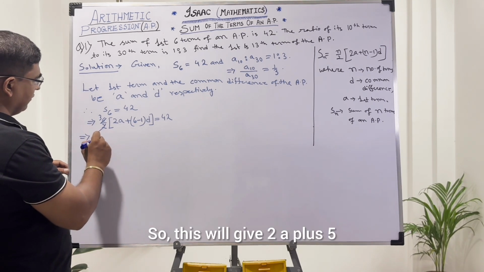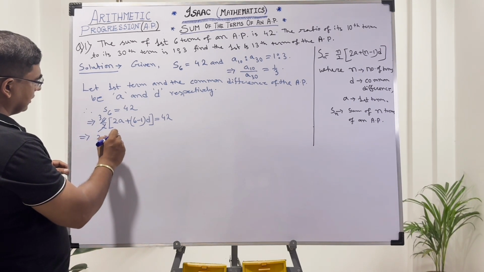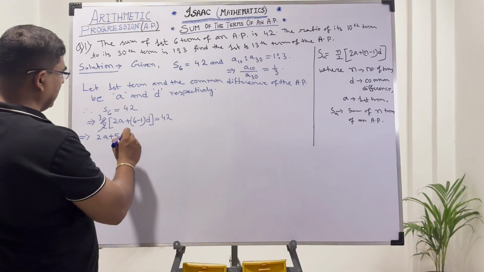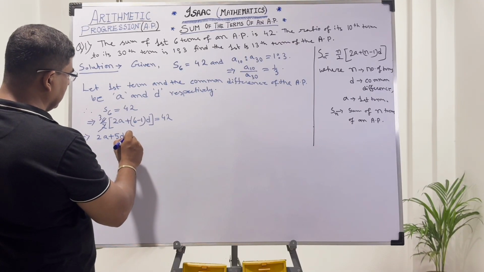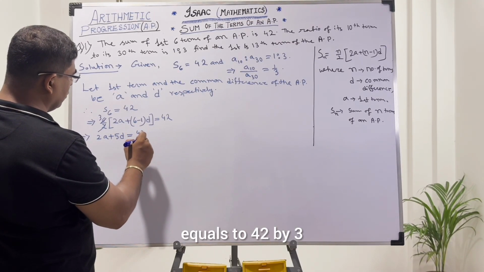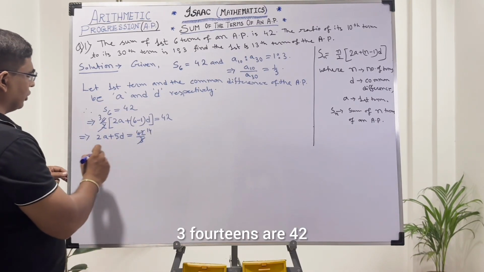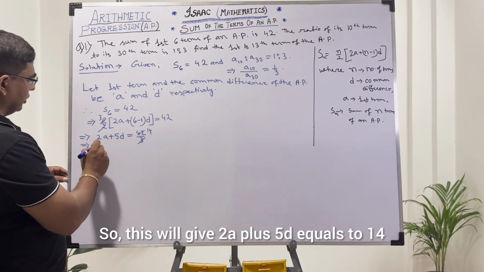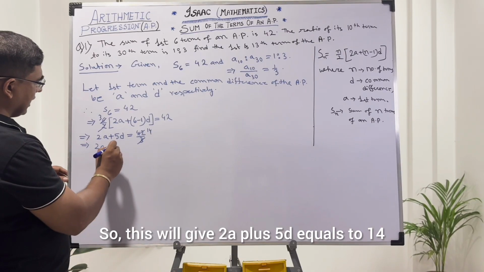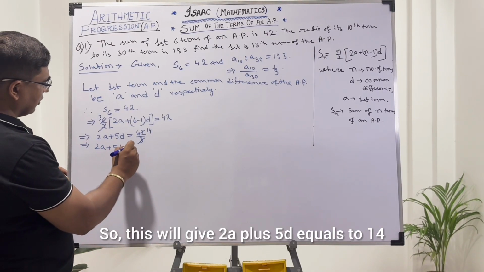So, this will give 2A plus 5D equals 42 by 3. 3 14s are 42. So, this will give 2A plus 5D equals 14.